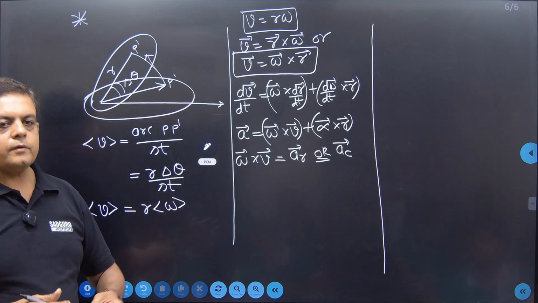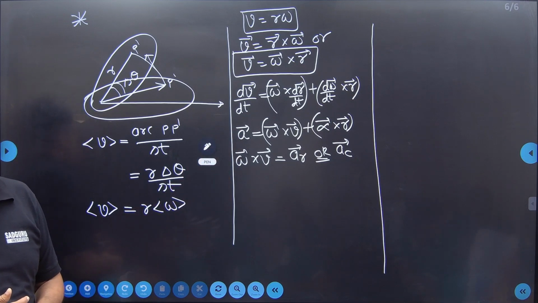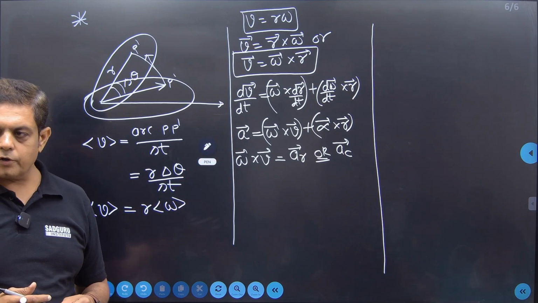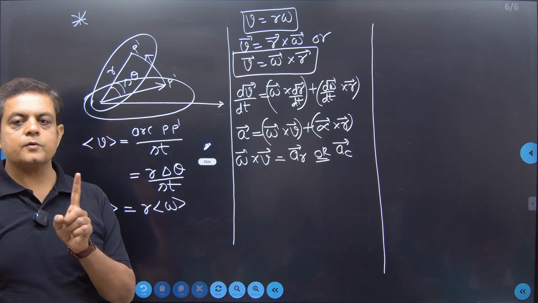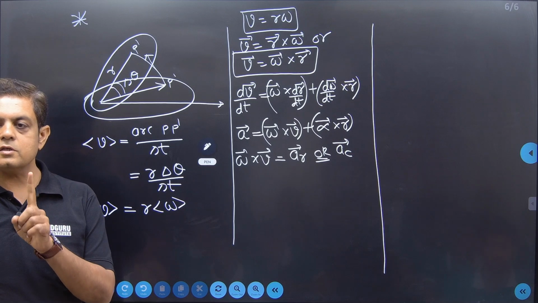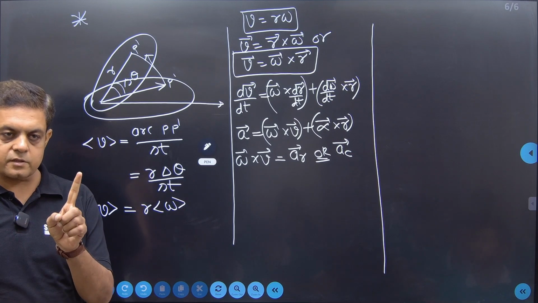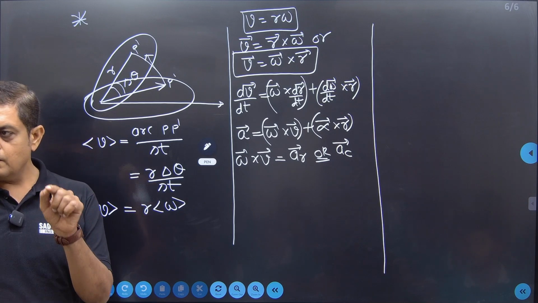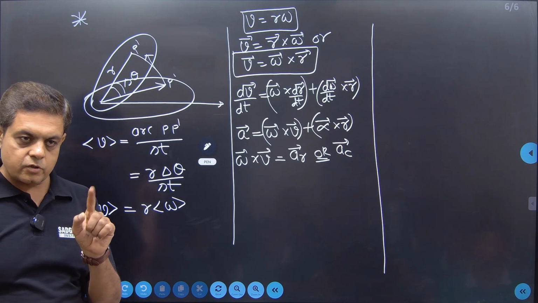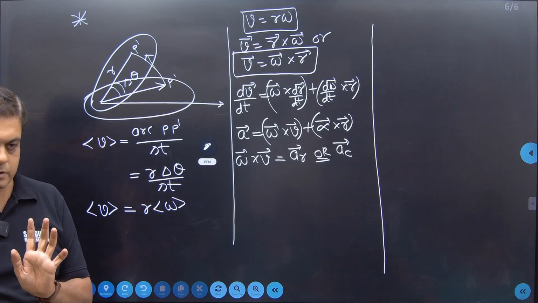So this component of linear acceleration is called centripetal acceleration or radial acceleration. And this component of the acceleration is responsible for change in velocity. We know that if acceleration is there, either the magnitude of the velocity will change or the direction of velocity will change.